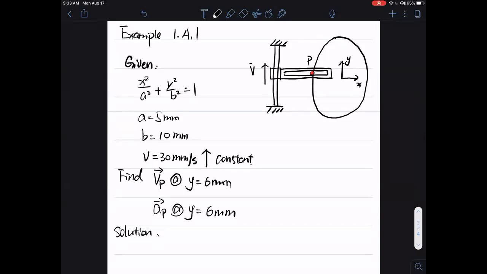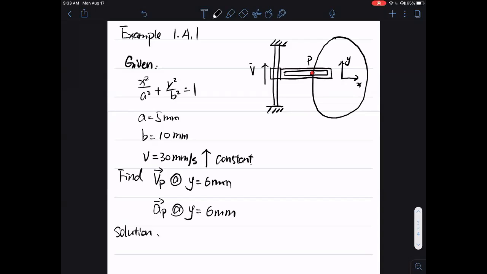Do we see any theta and r in the given conditions? No, we don't see any. So we probably don't want to use polar. You can, feel free to do so, but that would make your life much more difficult. So no polar.